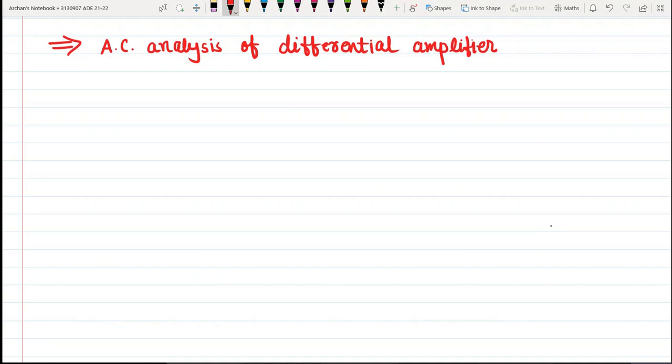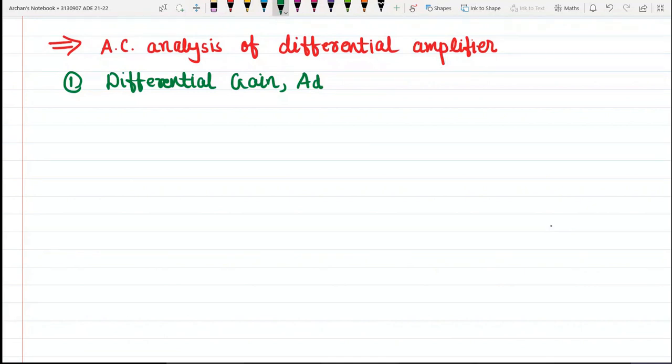We have two kinds of gain: one is the differential gain, another one is the common mode gain. So let us first find the differential gain. It is denoted by AD.